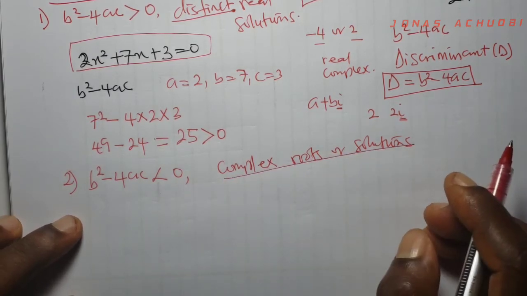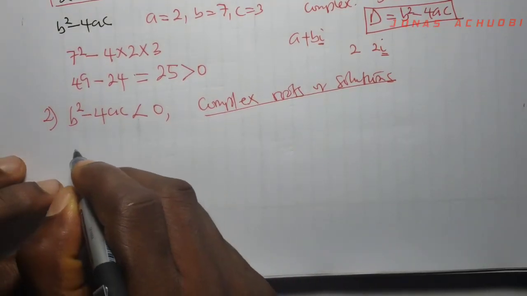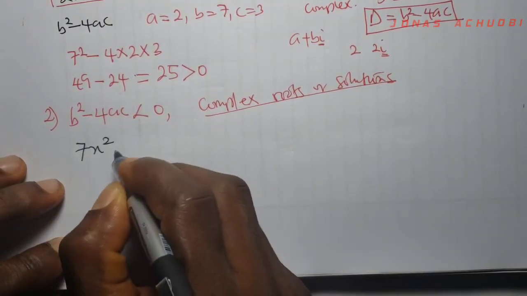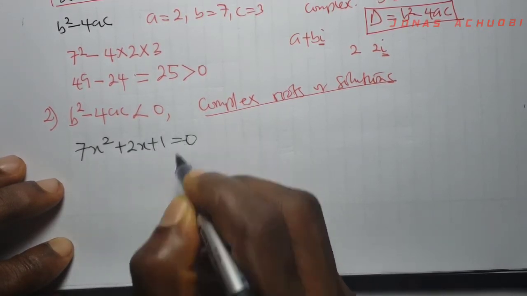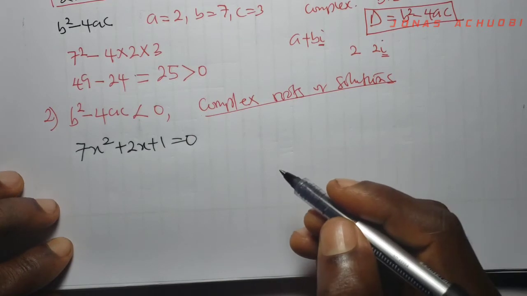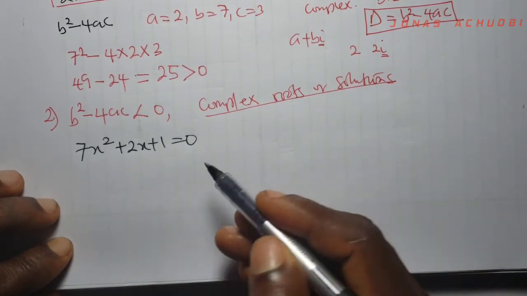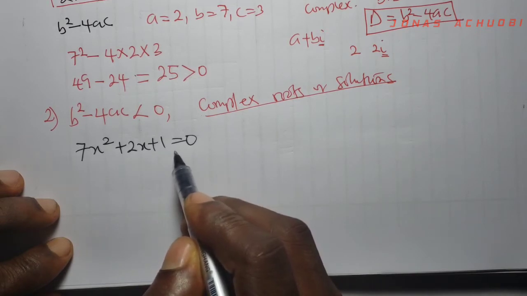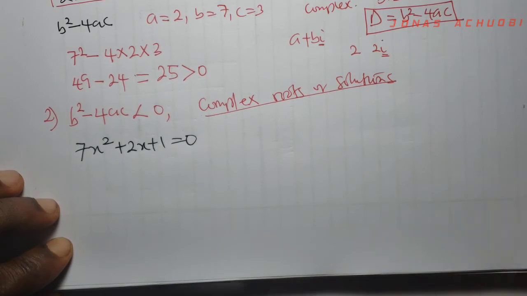For example, if we are given the equation 7x squared plus 2x plus 1 equal to 0, and we are asked to investigate the nature of the roots of this equation, or nature of the solution of this equation, what we simply do is to check the discriminant of the equation and see what happens.